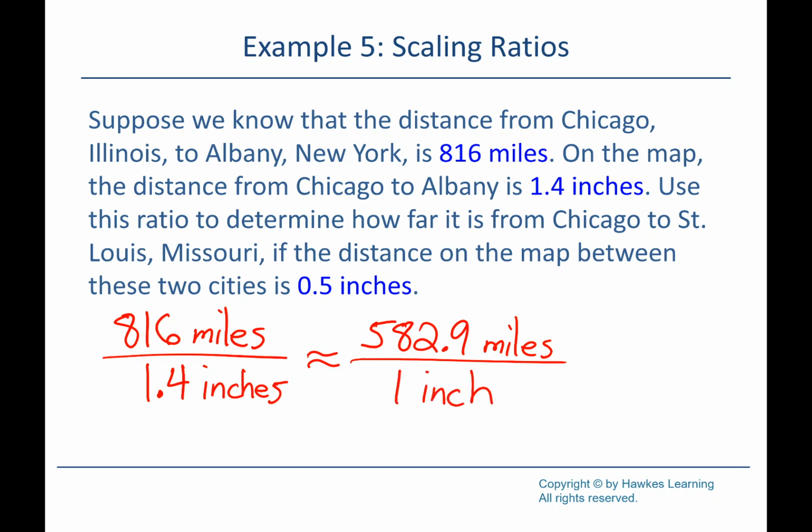That's my scaling factor. So I just divided top and bottom by 1.4. It makes the bottom come out nice, right? It makes it come out to 1 inch. It's easier to use for the next step.